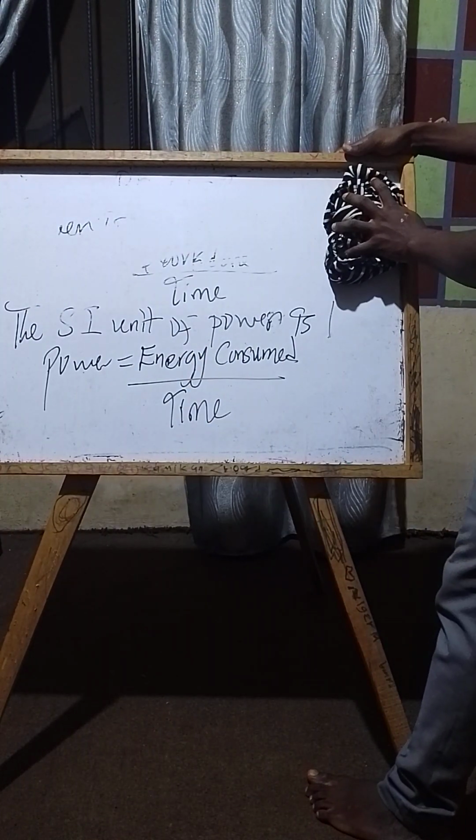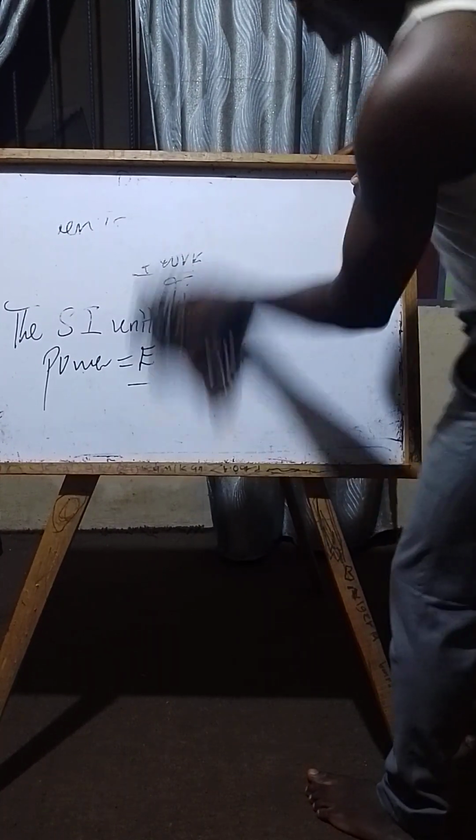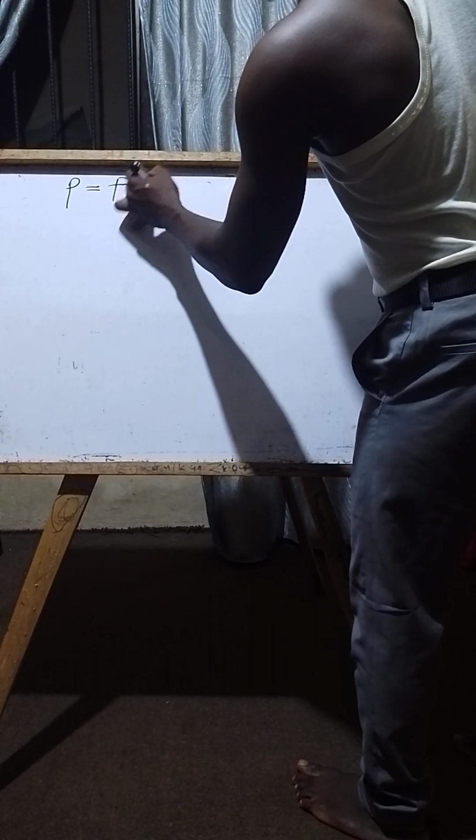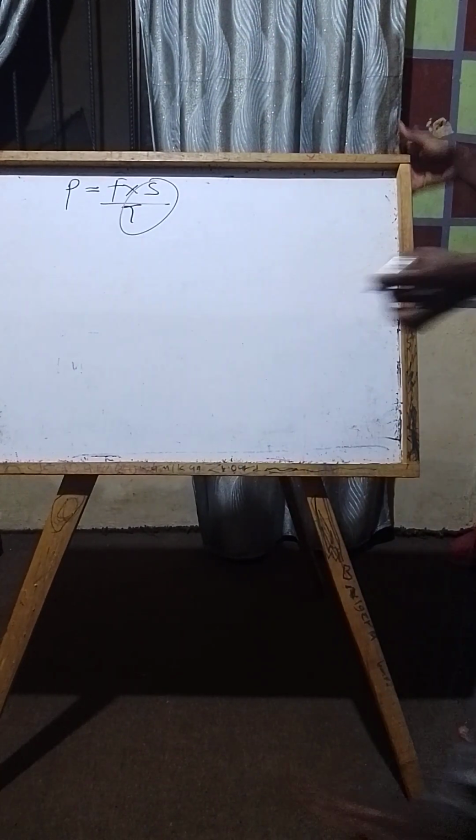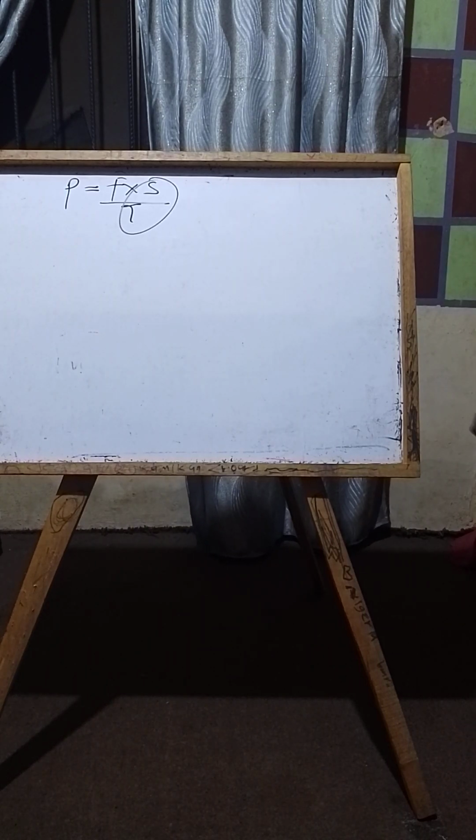I hope you have written this. Watch this. We say power is equal to work done over time, which is force times distance over time. Do you know that distance over time is the same thing as speed or velocity? Are we together now?